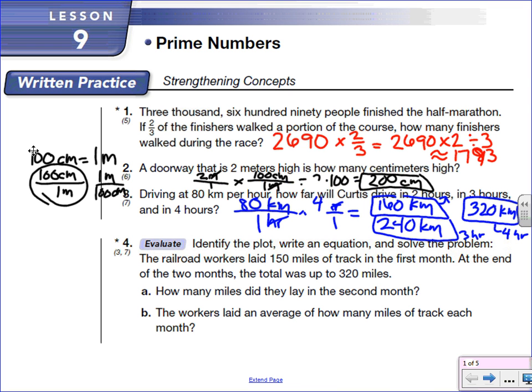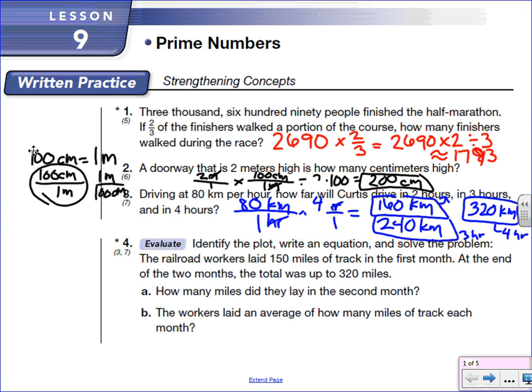Identify the plot, write an equation, and solve the problem. The railroad workers laid 150 miles of track in the first month. At the end of the 2 months, the total was up to 320 miles. So the plot looks like we laid some track, and then in the second month we laid some more, and we had a total.